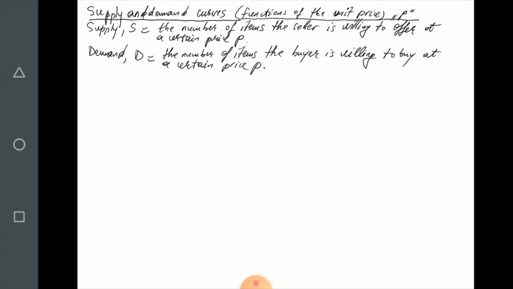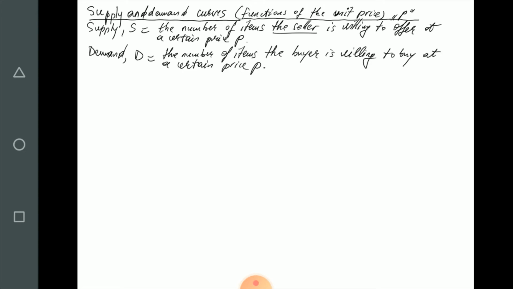The supply is essentially a measure of production level, of incentive of production, if you want. So the number of items the seller or the producer is willing to offer at a certain price P. The higher the price, the more items are produced, because the seller is willing to put up the effort since he will get more money.